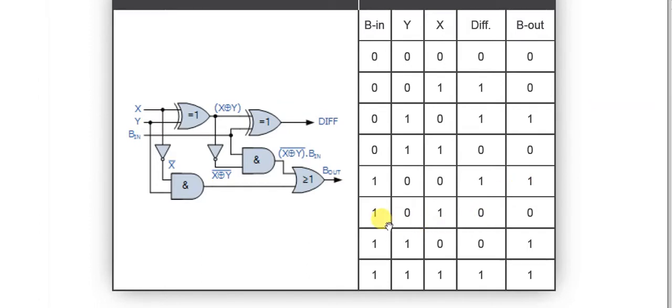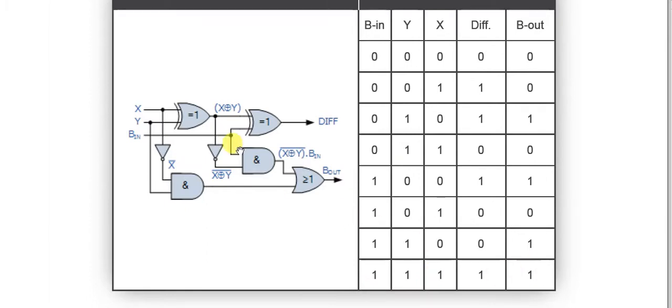Then in this case the difference is 0, but the borrow out is 1. In this case the difference is 1 but borrow out is 1. In the last, all of these are 1, then difference is 1 and borrow out is 1. So this logical operation, you can simply put them and make the truth table, and you will come up with the same results.